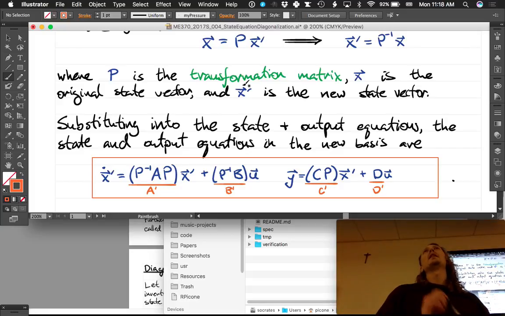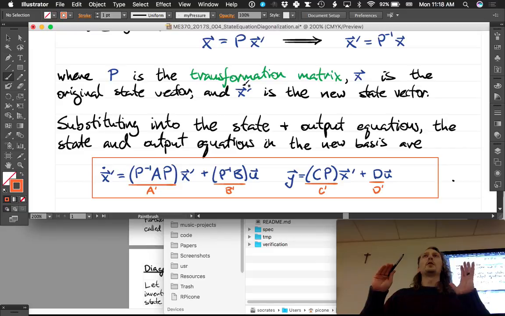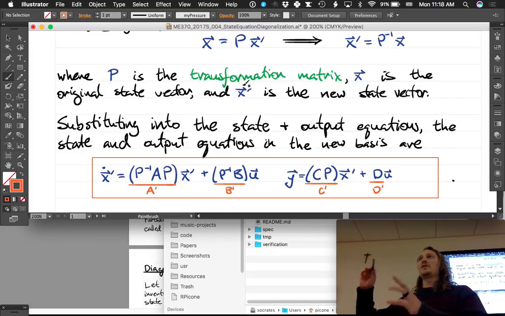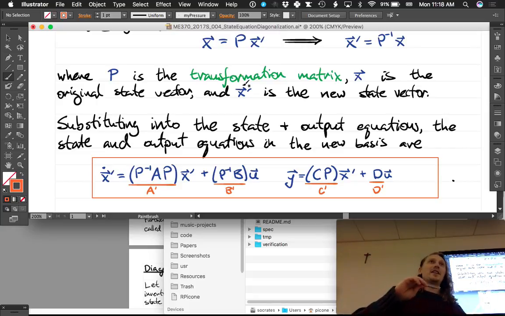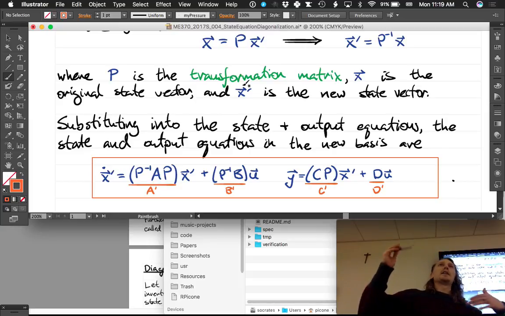Do you guys remember in differential equations when you learned Laplace transforms? You were like, okay, I'm going to switch over to the Laplace domain and solve it algebraically, and then I'm going to inverse transform into the time domain for the solution. That's analogous to what we're doing here.